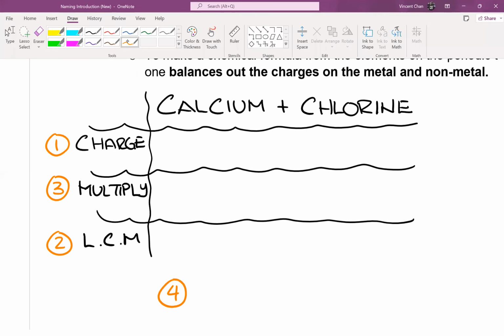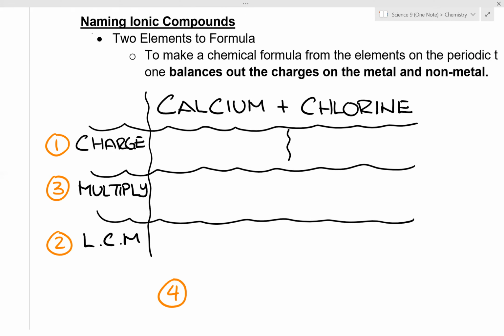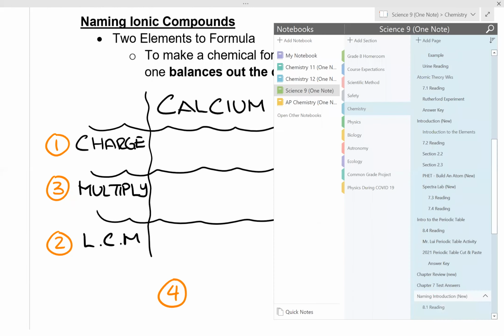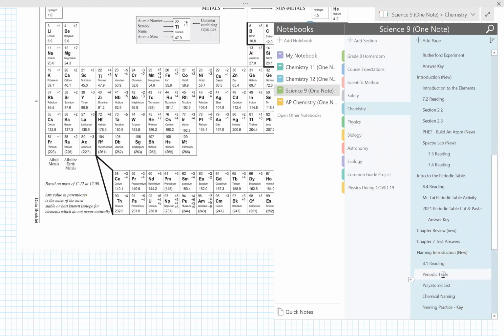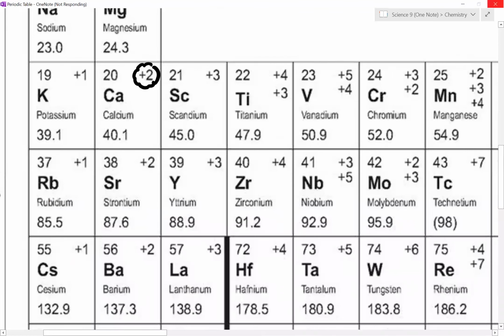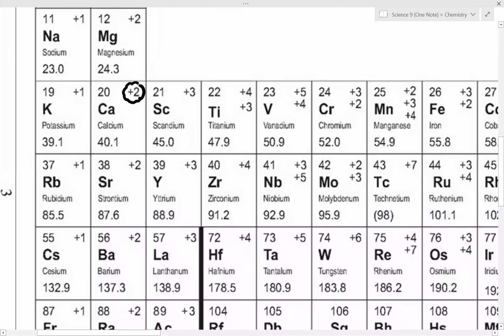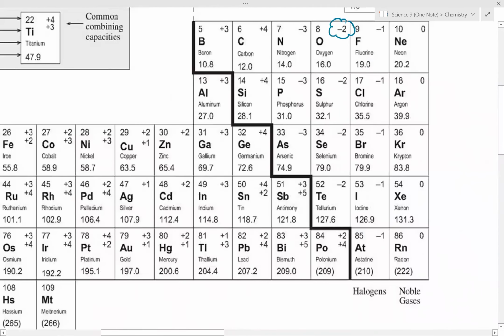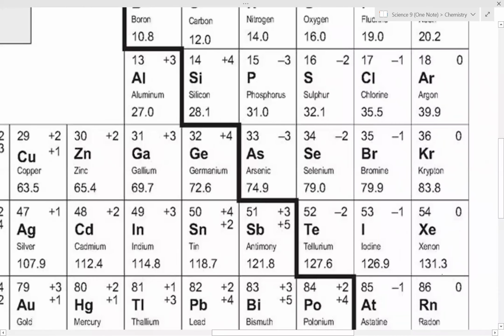So how do we figure this out? The first thing is you take a look at the calcium and the chlorine and you look for the charge. So going to your periodic table here, chlorine has a charge in this particular case of -1. So that's the first step that we do, is we look at the charges for the different elements.